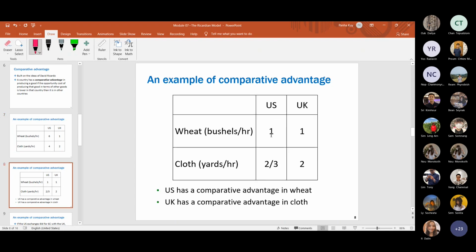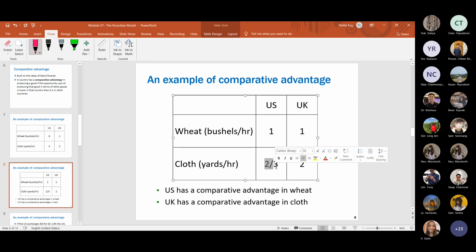If the US wants to have 1 unit of wheat, the US needs to give up producing cloth, while the UK needs to give up this. See that? In terms of having this one, it equals producing this one.